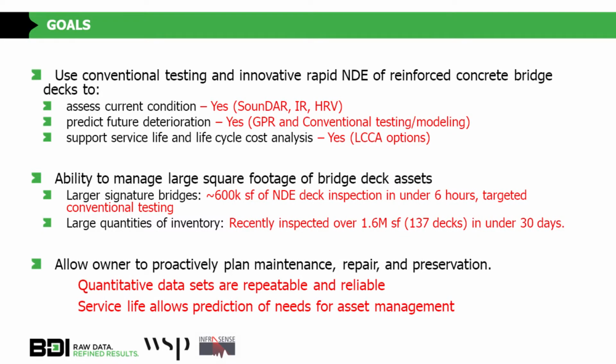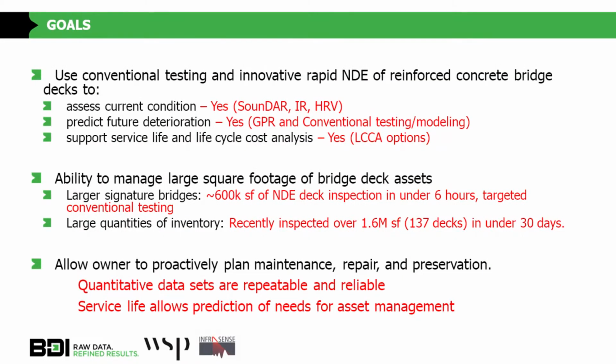Shane had mentioned this has been effectively used in this case for a very large signature bridge to make a rapid assessment of just how severe the condition is and what the owner can expect. As he also mentioned, we've teamed up to look at a series of much smaller bridges, over a very short time frame, as more of a screening and prioritization tool.